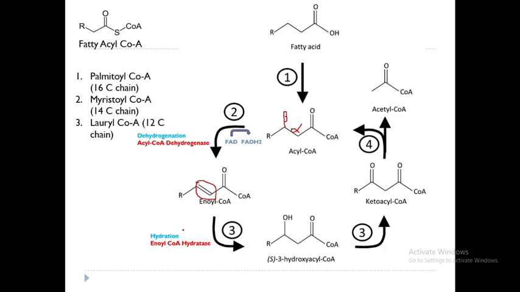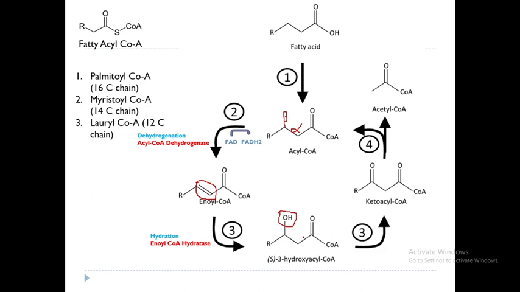The next step is the hydration step, that is addition of a water molecule to enoyl-CoA. This is catalyzed by enoyl-CoA hydratase. OH is added to the beta carbon and an H is added to the alpha carbon.